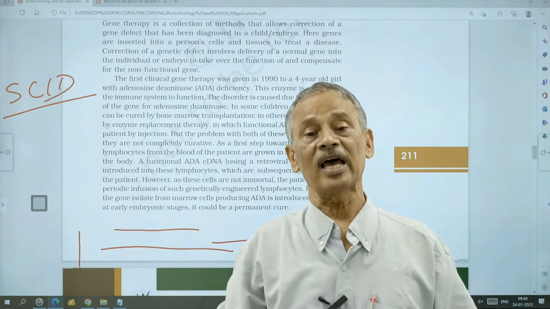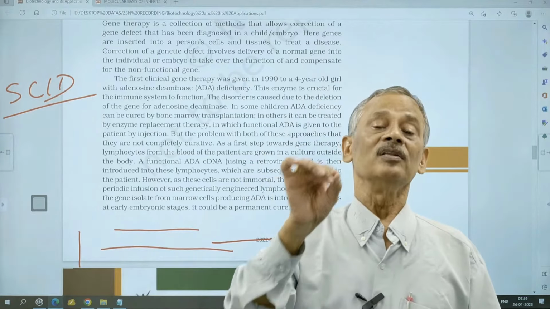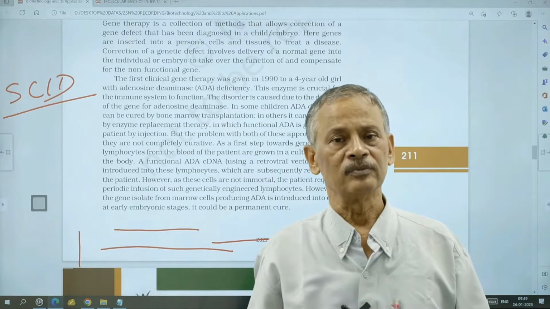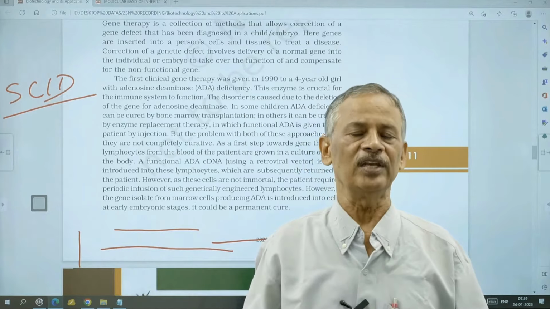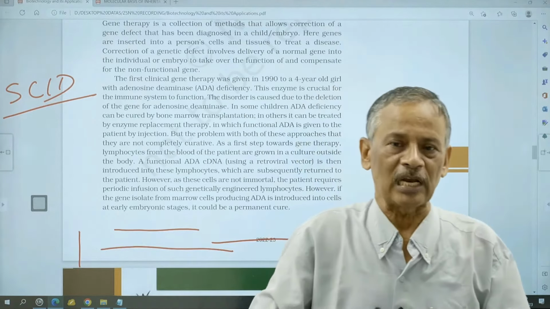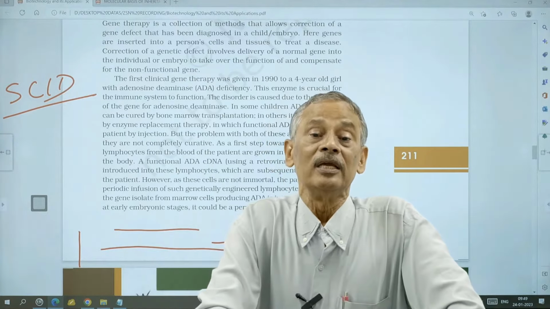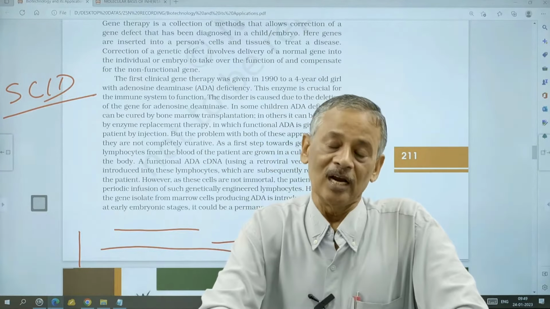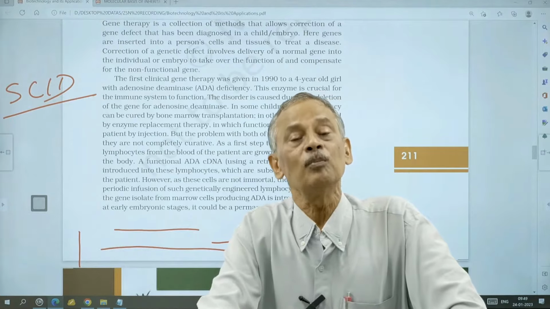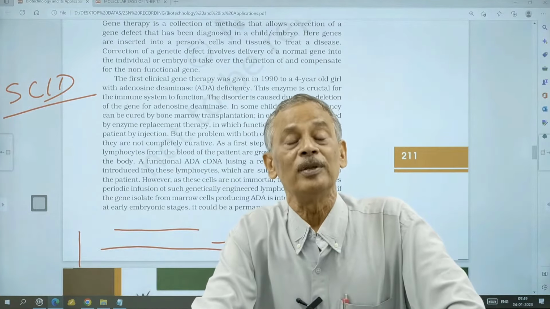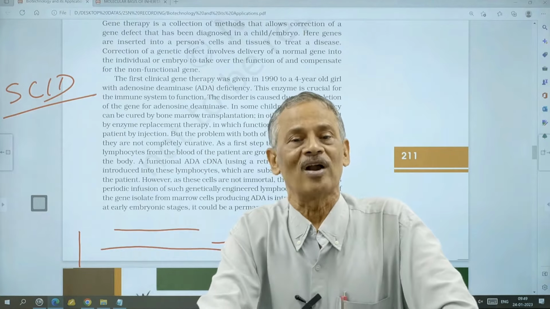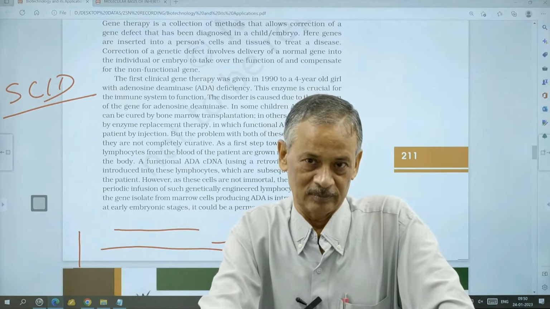When we discover, by some technique, that the baby can have this disease when born, that the gene is mutated, and if it is done to the bone marrow at an early embryonal stage, then that will be a permanent cure.